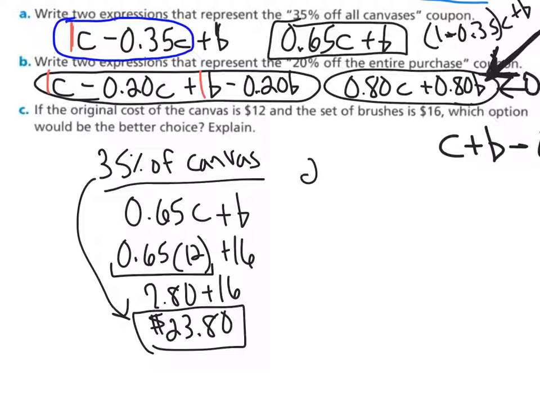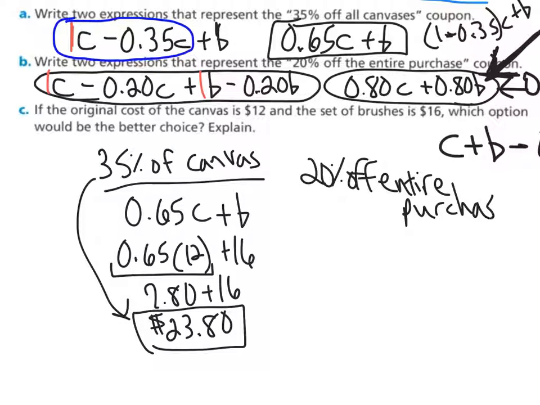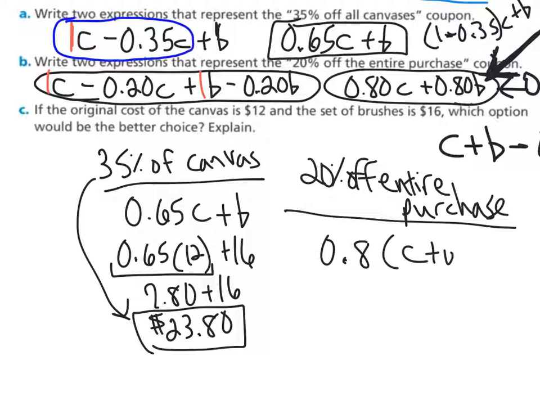If we got 20% off the entire purchase, again, you could argue actually that it's easier maybe to add those costs together and then take that times 8/10 or 80 hundredths.